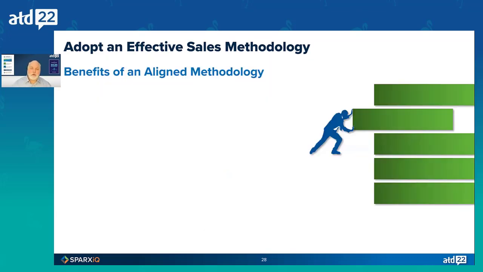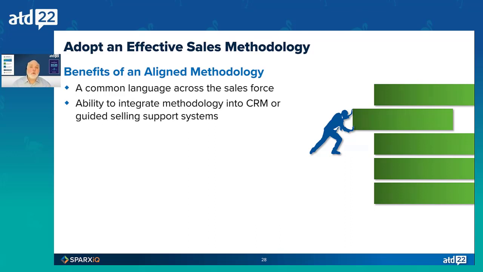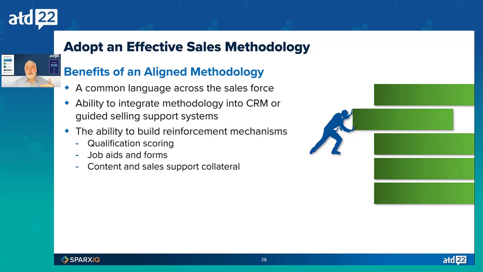So with a methodology, there are a lot of benefits of having an aligned methodology that matches your sales process, which aligns to your buyer's journey. It's a common language across the sales force as one. Then you also have the ability to integrate your methodology into your CRM or your guided selling support systems. You now have the ability to build reinforcement mechanisms like qualification scoring or job aids and forms or content in sales support collateral because you're using a primary methodology.